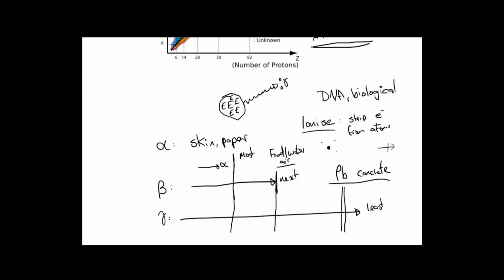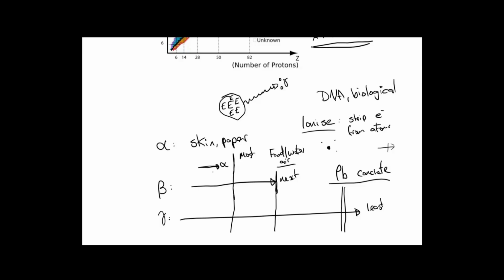So even though it won't go through skin or paper, that's okay if it's outside your body, but as soon as it's inside your body, it's going to be dangerous. So there is a kind of trade-off here. You can deal with alpha radiation in a lab, but you're definitely not going to want that inside your body.